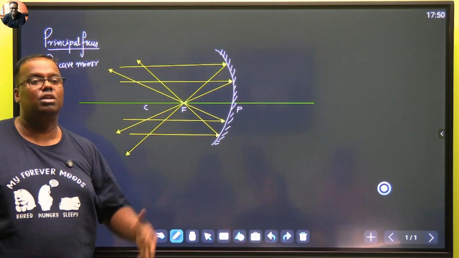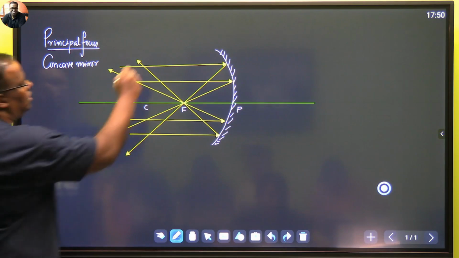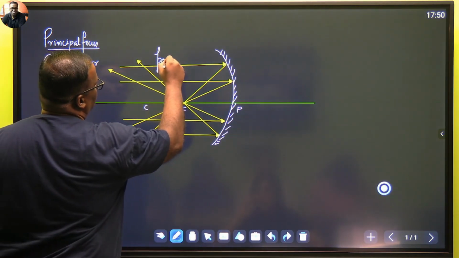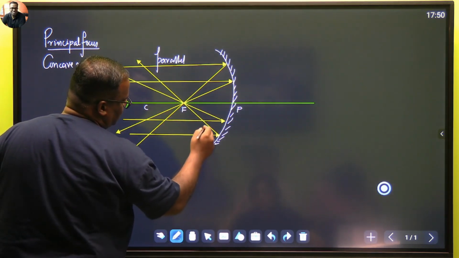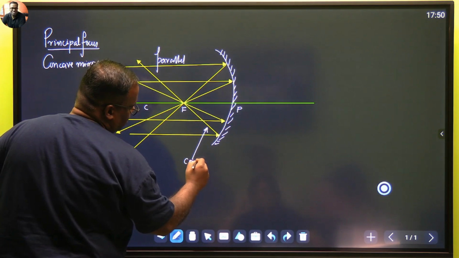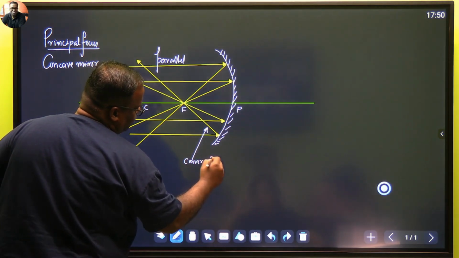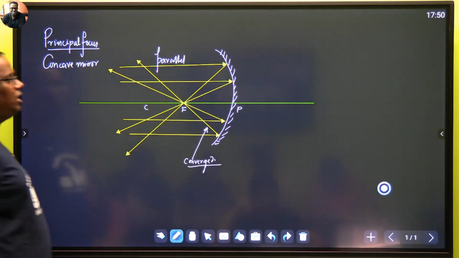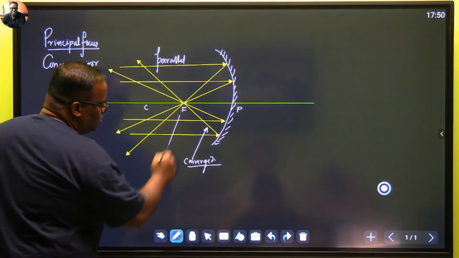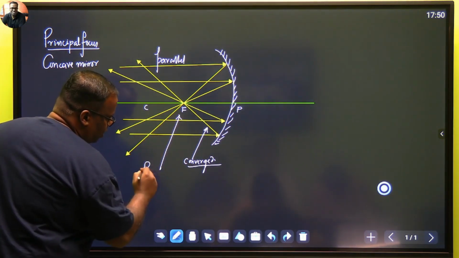So what do we see? These rays initially were parallel rays, and then these reflected rays have converged. Therefore, this is also known as a converging mirror. They have converged, and the point at which they converge will be known as my principal focus.